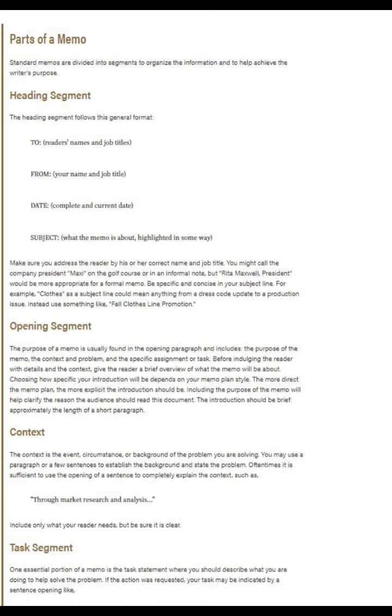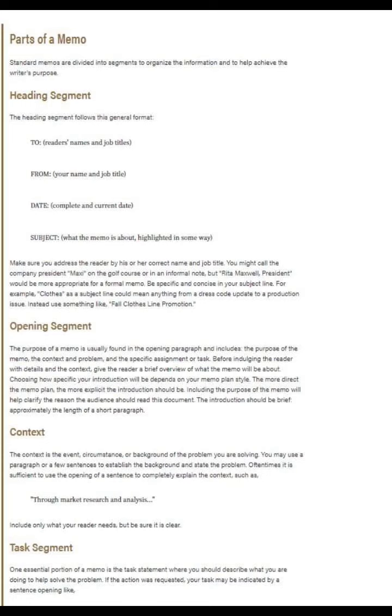Opening segment. The purpose of a memo is usually found in the opening paragraph and includes the purpose of the memo, the context and problem, and the specific assignment or task. Before indulging the reader with details and the context, give the reader a brief overview of what the memo will be about.